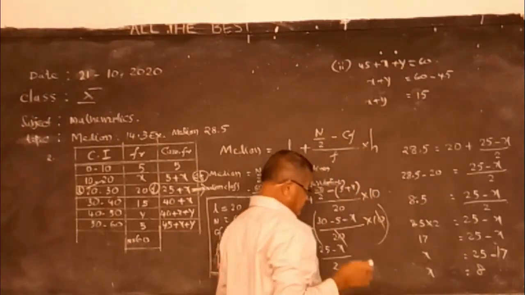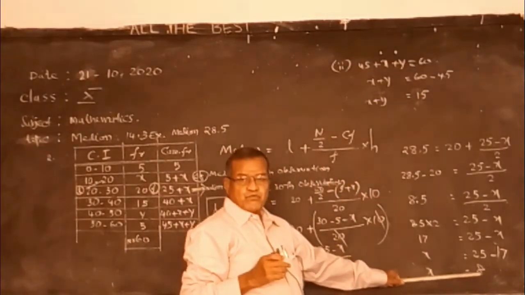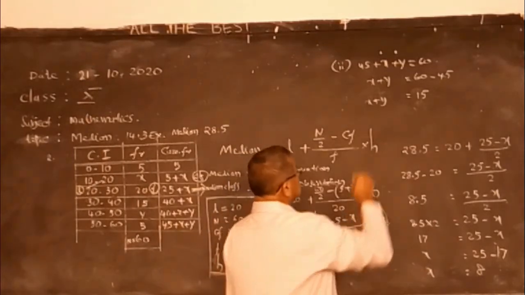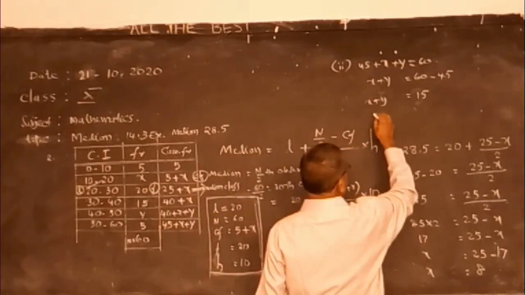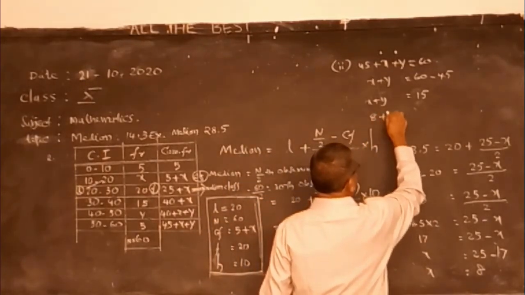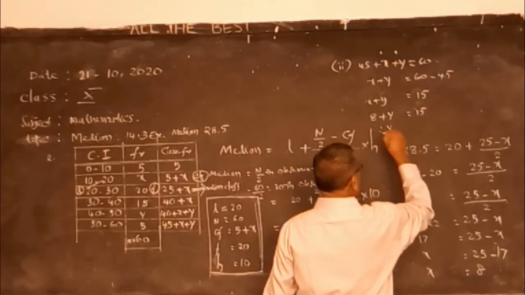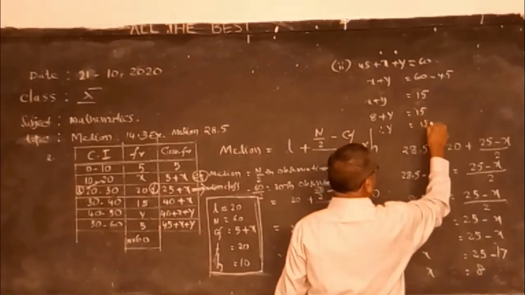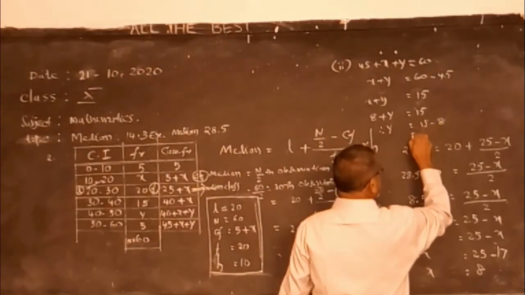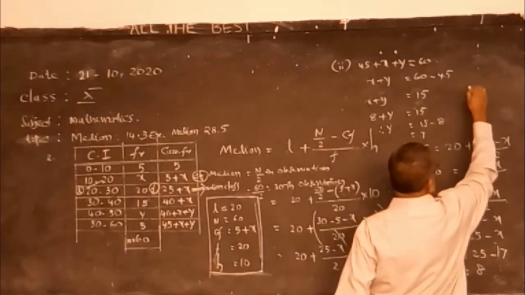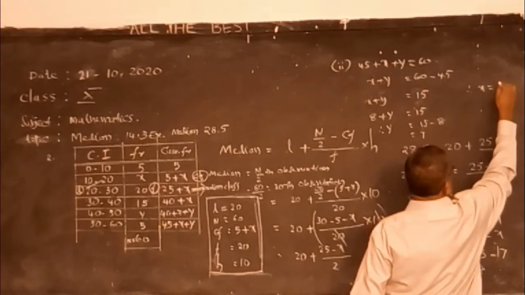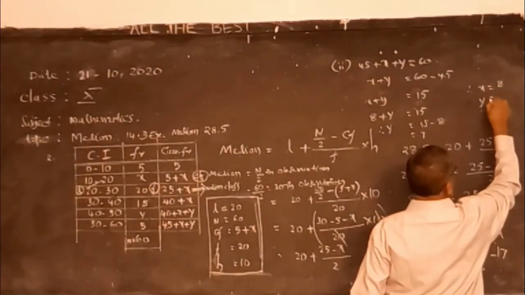We know the x value is 8, so 8 plus y is equal to 15, and therefore y is equal to 15 minus 8, that is 7. Therefore x is equal to 8 and y is equal to 7.